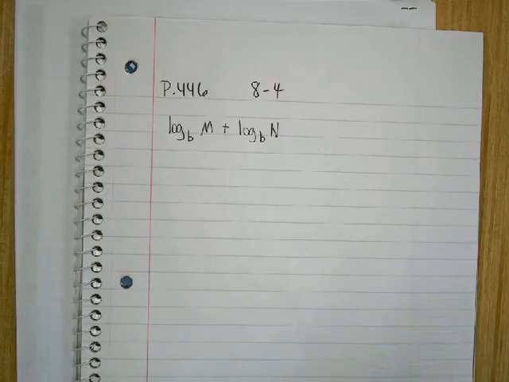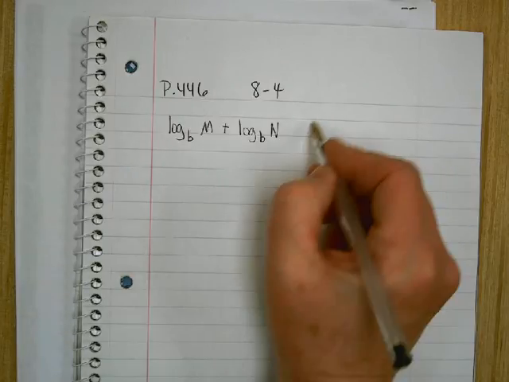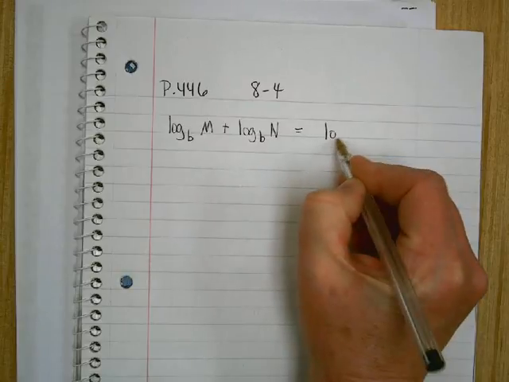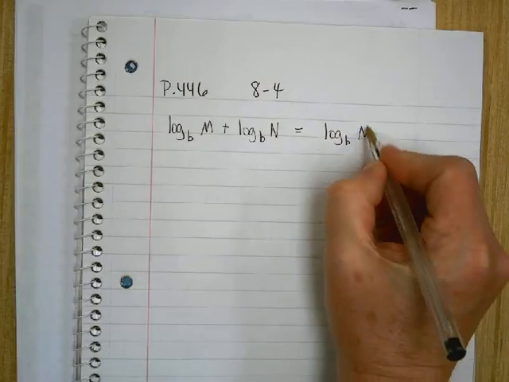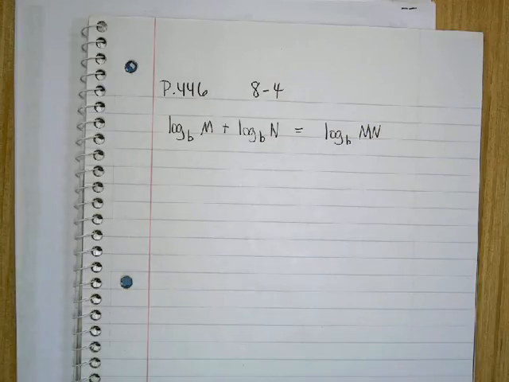The base is. If you have things that have the same base and you are adding them together, that is equal to log of base b, same base, of those two items' product. So addition translates into multiplication as long as the bases are the same.